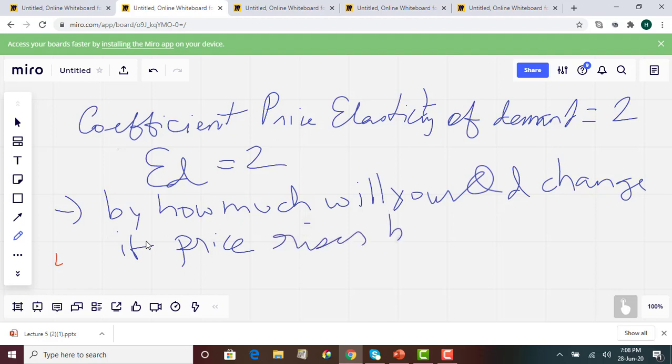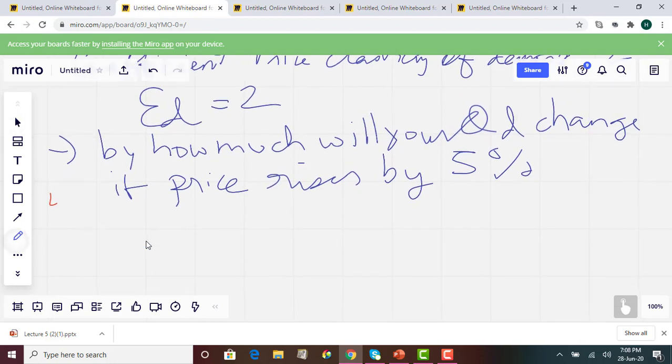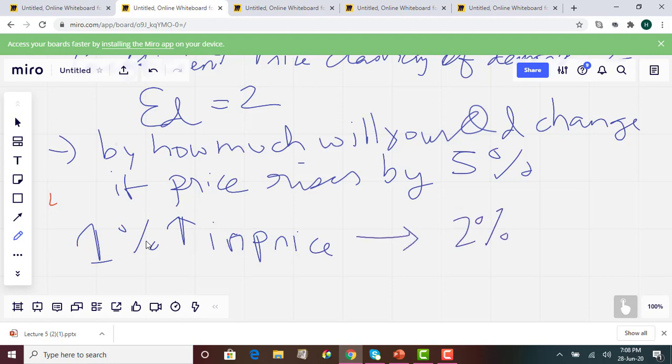rises by 5%? Okay, so based on the ED, we know that when there is a 1% increase in price, it will cause a 2% decrease in quantity demanded.